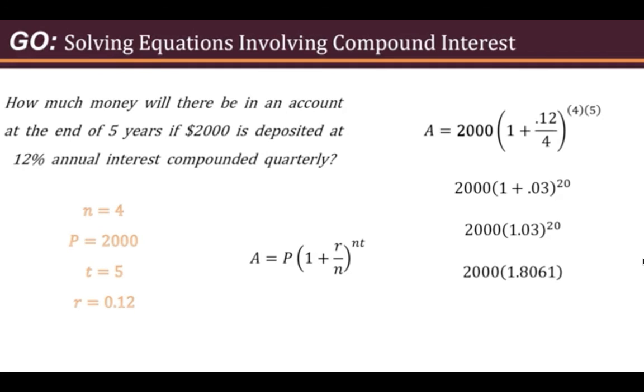So the amount of money in the account after 5 years is $3,612.22. Notice the order of operations followed in solving the equation above. Make sure that you follow the right order, otherwise your answer may not come out correctly.